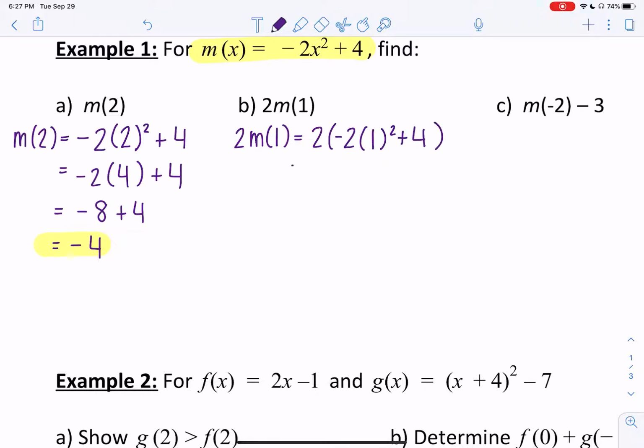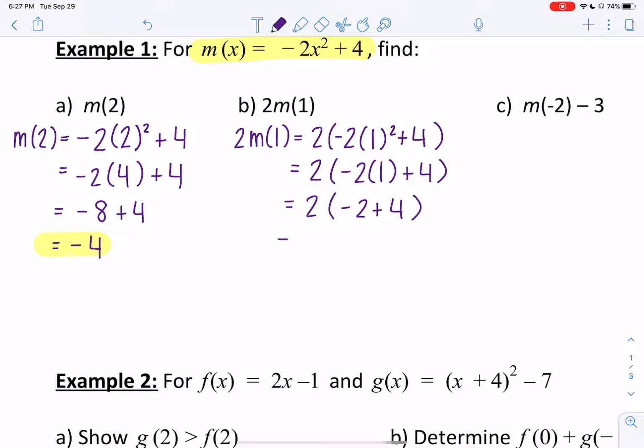There we go. And again, we just use BEDMAS to simplify. And so 2 times m at 1 is just 4.